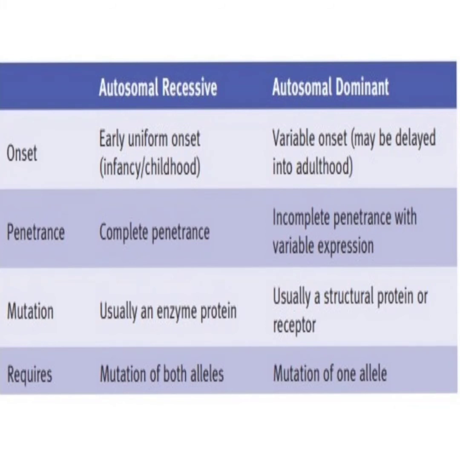In autosomal dominant, incomplete penetrance with variable expression. Mutation of usually an enzyme protein occurs in autosomal recessive, whereas in autosomal dominant, usually a structural protein or receptor. Autosomal recessive requires mutation of both the alleles, whereas in autosomal dominant, mutation of one allele is enough.